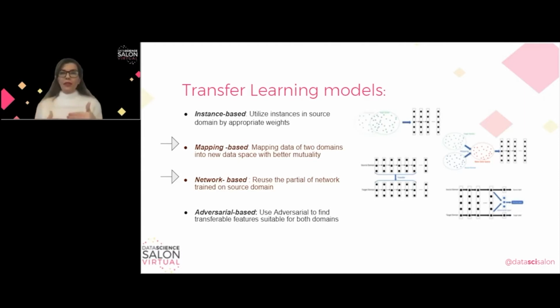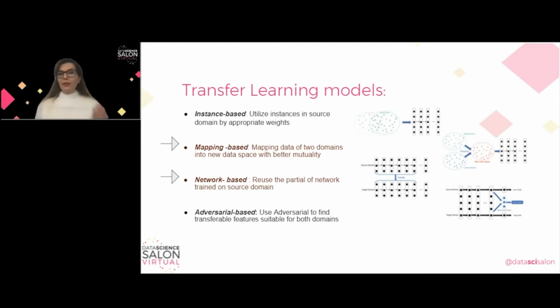However, in soft transfer, which is more popular, you reweight the instances that you want to transfer to the target model. That has been utilized in some papers that were trying to transfer the instances from one facility to another facility, where the data set was related to similar patients.